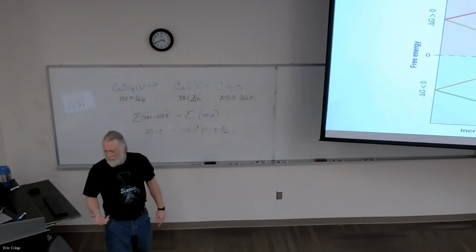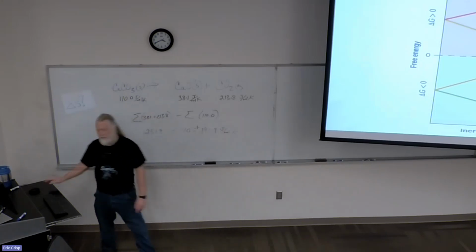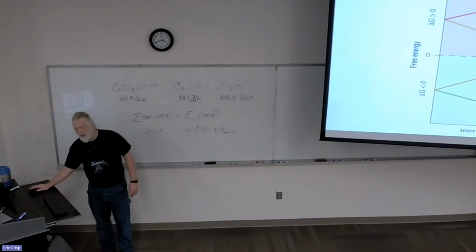The hard ones are the ones in between, the yellow. This one with a negative delta H might start out as spontaneous at low temperature, but as you increase temperature, it crosses over the zero line and becomes non-spontaneous.